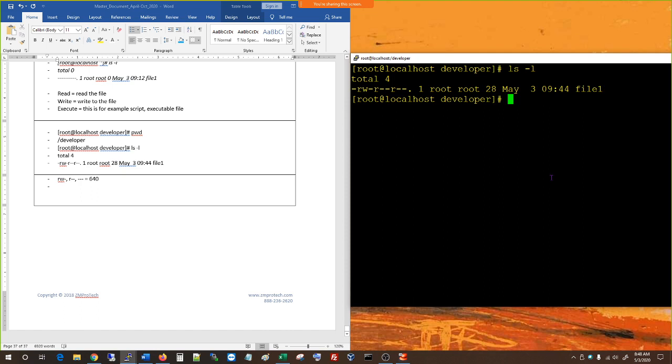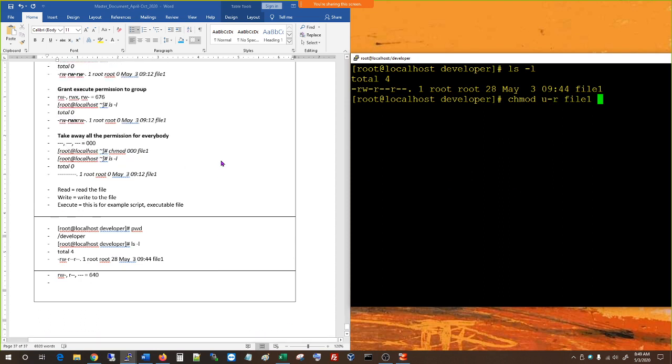How am I going to do that? chmod, and then I'm going to do u minus r and file1.